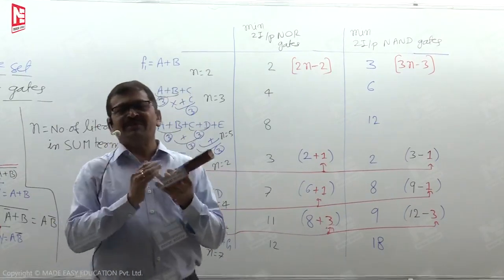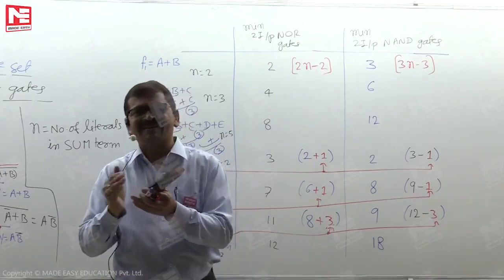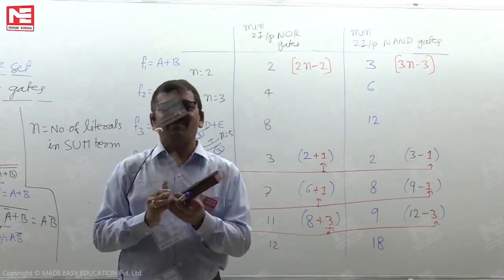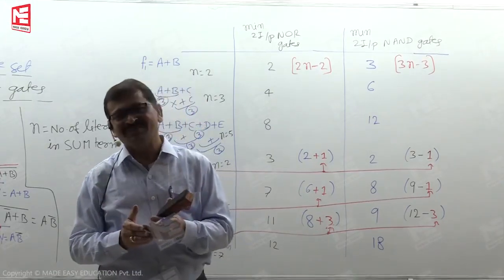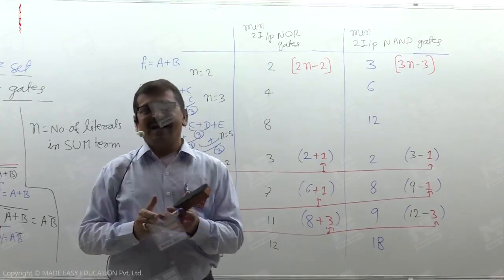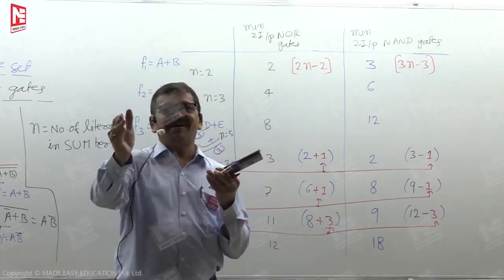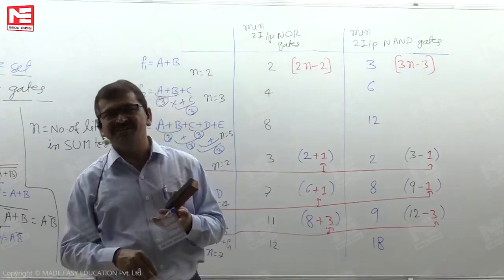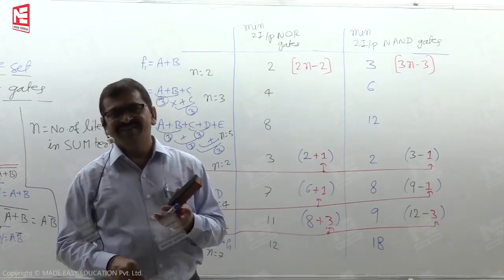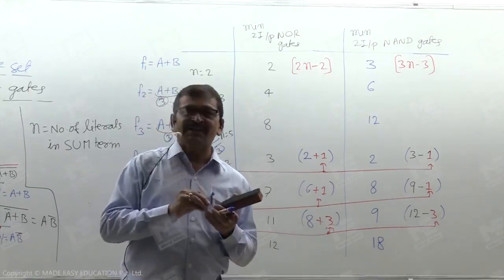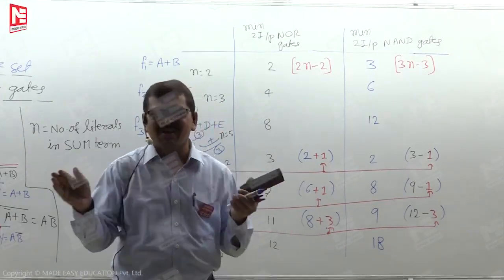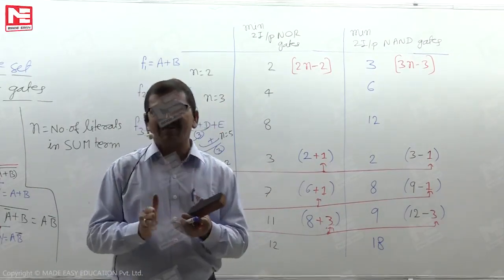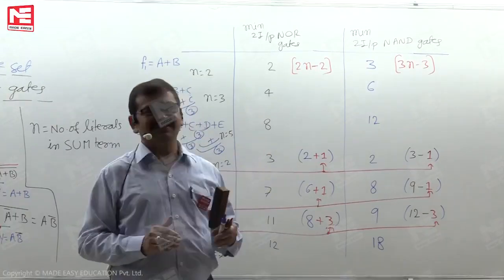And when we are talking about sum terms and NOR gates, they are closely related, so the formula here also is 2n minus 2. And when the products are implemented with NOR, they are not closely related. In that case, the formula is 3n minus 3. When we implement the sum terms with NAND, the sum terms are not closely related, so the formula is 3n minus 3.